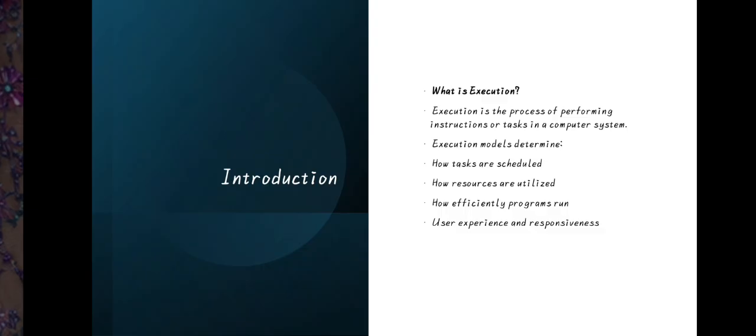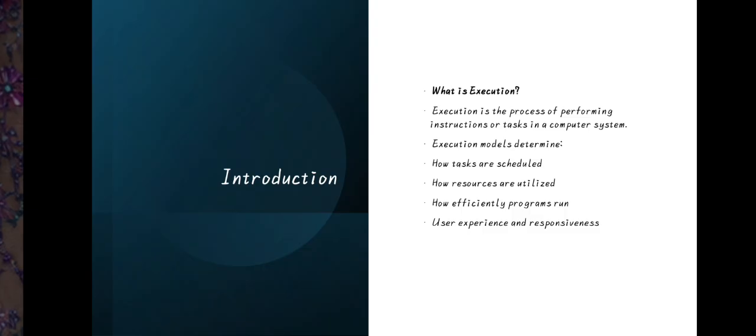What is execution? Execution is the process of performing instructions or tasks in a computer system. Execution models determine how tasks are scheduled, how resources are utilized, how efficiently programs run, user experience, and responsiveness.